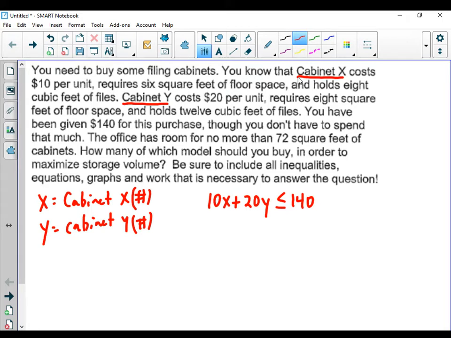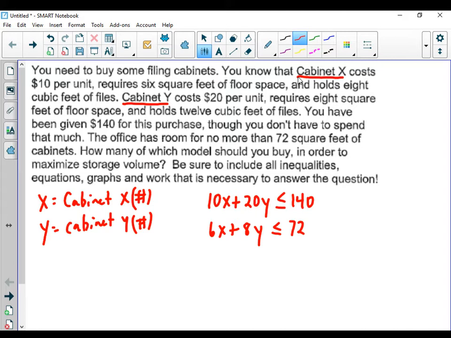Then we have our limitations in terms of space. Cabinet X was going to require 6 square feet. Cabinet Y required 8 square feet. So 6X plus 8Y has to be less than or equal to 72, since they said we had no more than 72 square feet to work with.